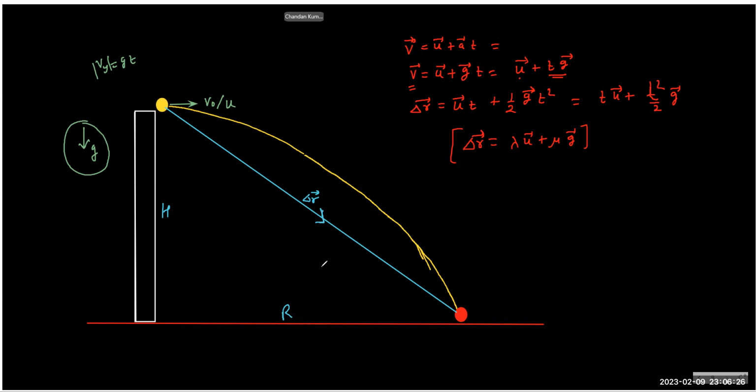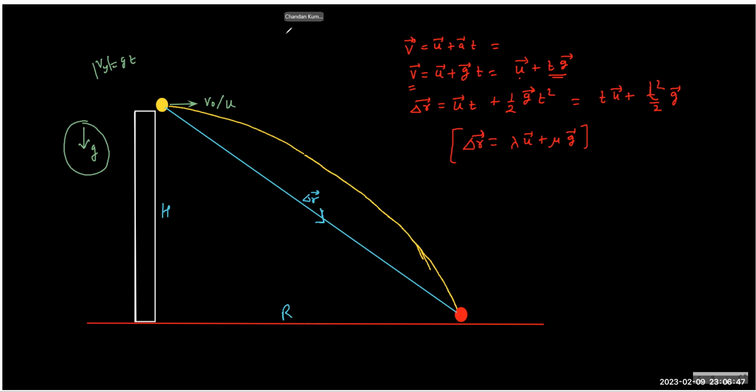So we have the range. What is the definition of range, if I ask you? If I ask you to define range, put it into words. Because if thoughts are clear, you can put them into words. If there's no clear thought, the words are not going to come.